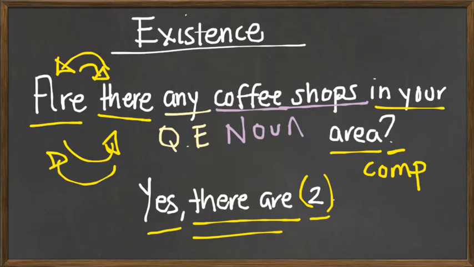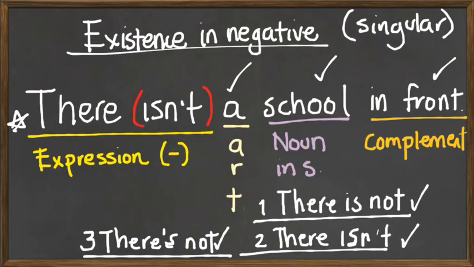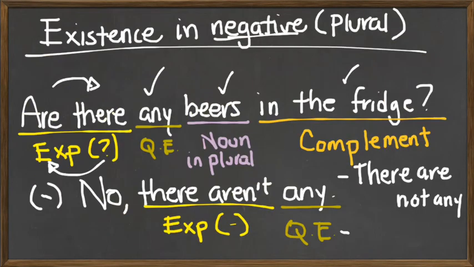Existence, we had that review. Don't forget that inversion when we have a question. We have to make the change, the famous change. But let's look at the negative. In the negative form in singular, we have there is not, there isn't, or there's not. This one being more common than the other one. And in the negative for plural, we have there aren't, or there are not any.